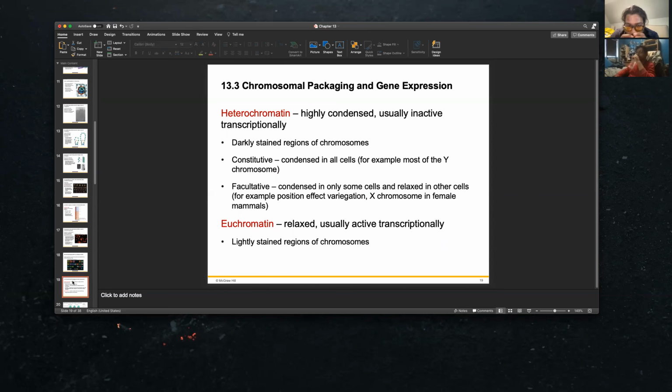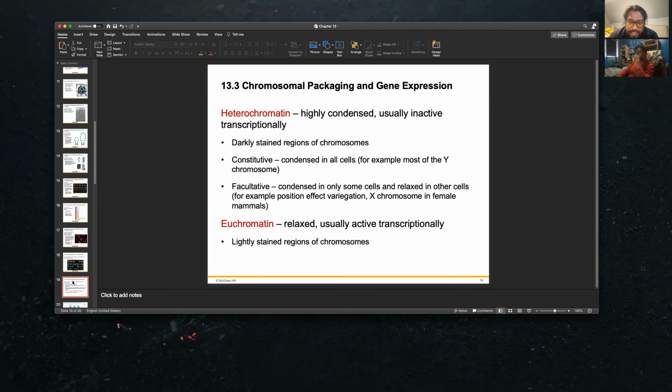But if it's too condensed, like the nucleosomes are too close to each other, there's no room for RNA polymerase to get in there and transcribe. So that's the area where a gene is not expressed. They're the darkly stained regions of the chromosomes.